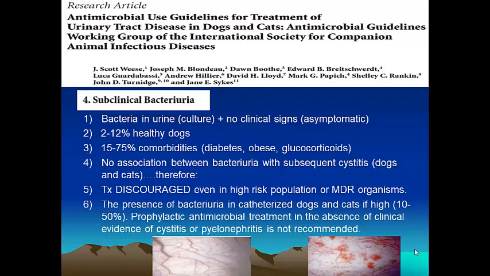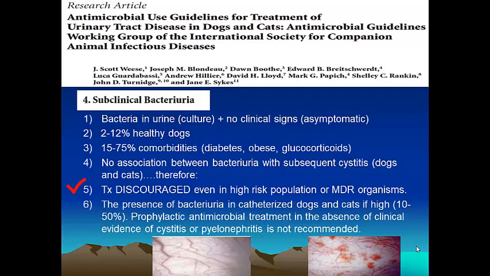And in humans, there is even a systematic review which concluded that while you may eliminate bacteria in the urine by treating with antimicrobials in the short term, that effect is usually not sustained, and there is always going to be a recolonization when you suspend the treatment. And if those individuals have a future urinary tract infection, they will have a higher rate of resistant bacteria.